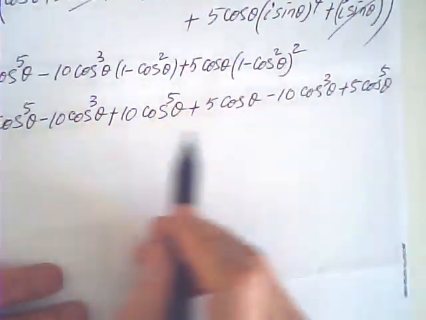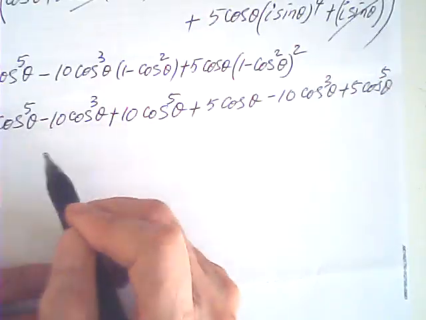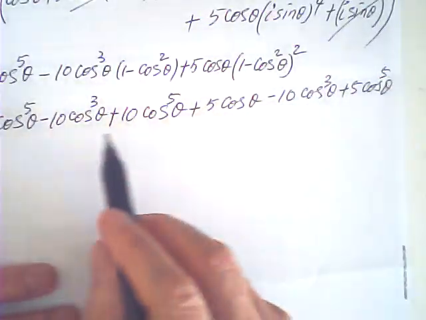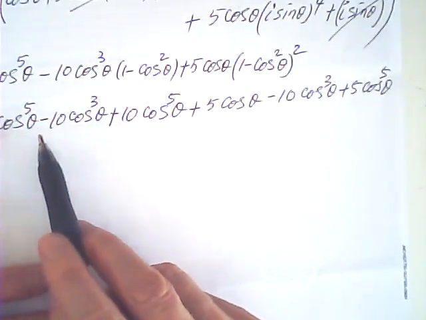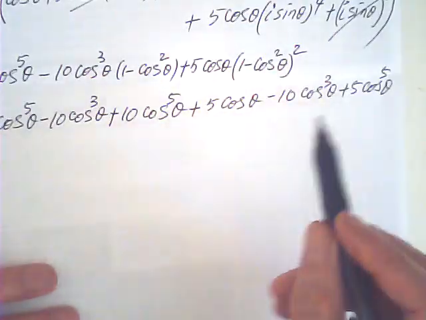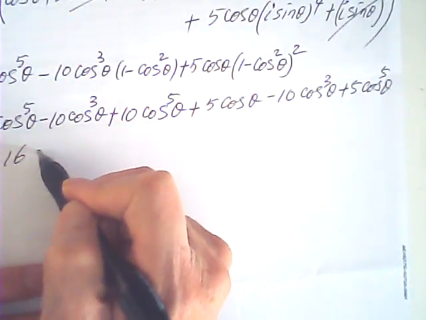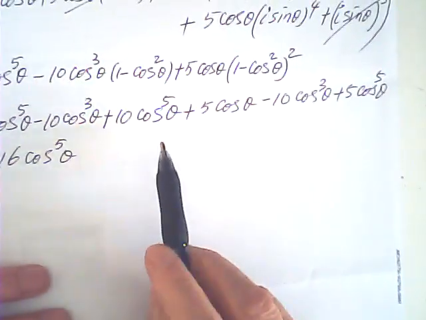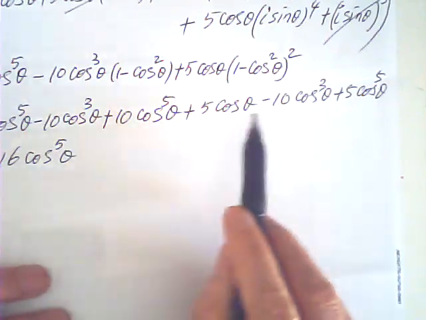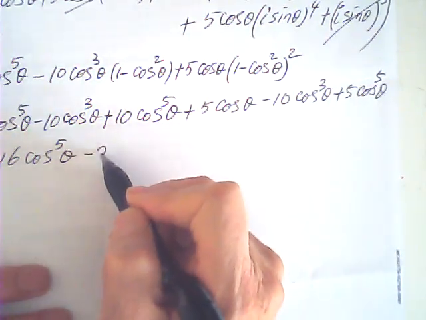So I simplified by combining like terms. It becomes 1, 10, 5, becomes 16. Then this minus 10, minus 20.